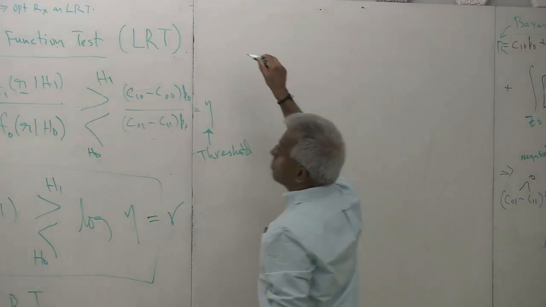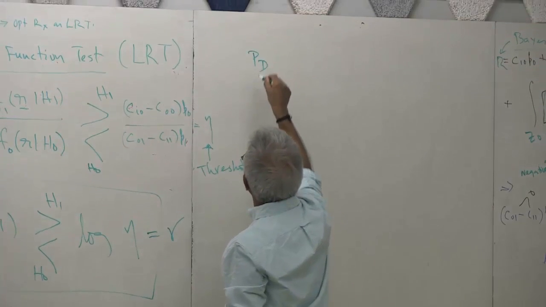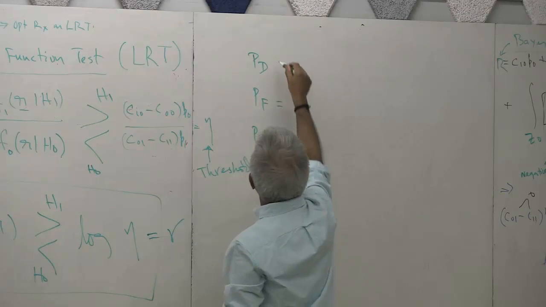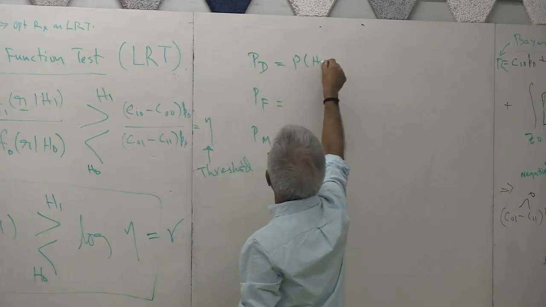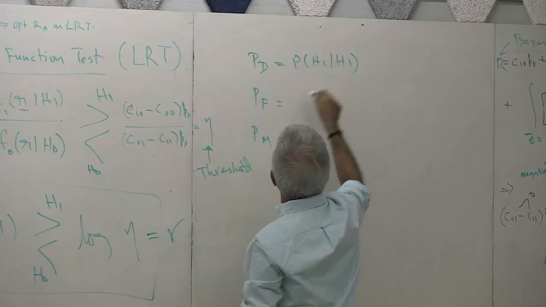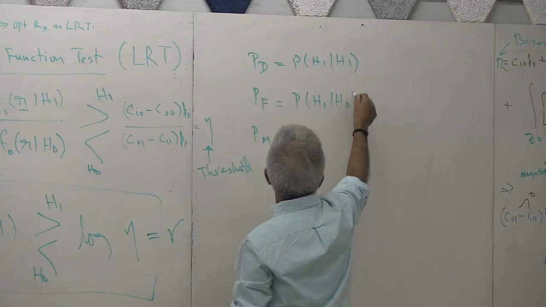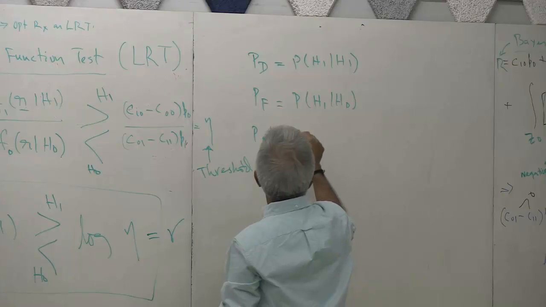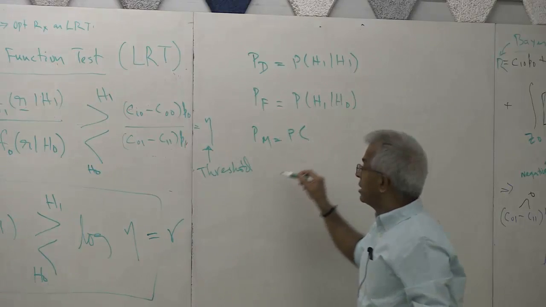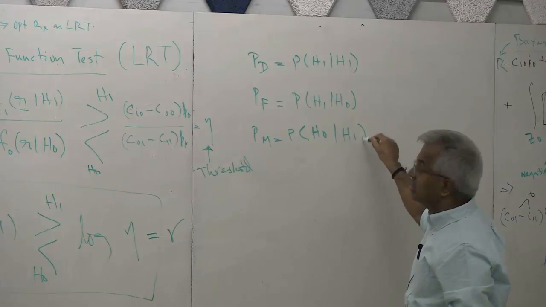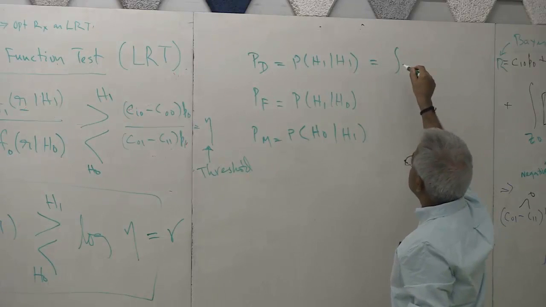We will need to compute all these things: PD, PF, PM, and so on. PD is the probability of deciding in favor of H1 when H1 is true. PF is the probability of deciding in favor of H1 when H0 is true. PM, the miss probability, is the probability of deciding in favor of H0 when H1 is true. At least we have these expressions.